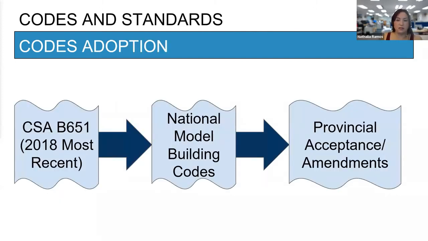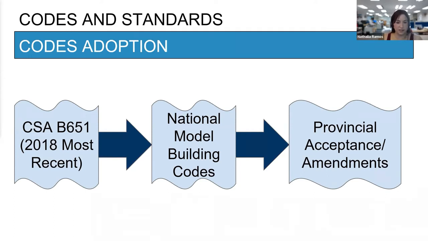So here you can see how the code adoption works. So we have this CSA B651-18, which is the accessible design for the built environment, developed by the Canadian Standards Association with a broader range all over Canada.